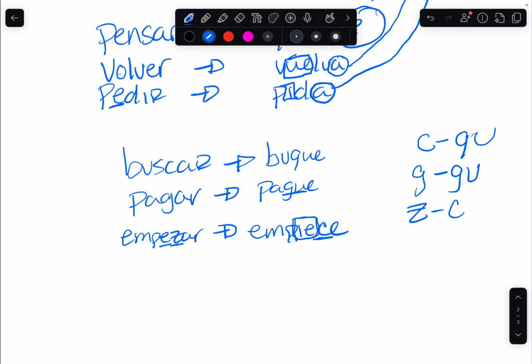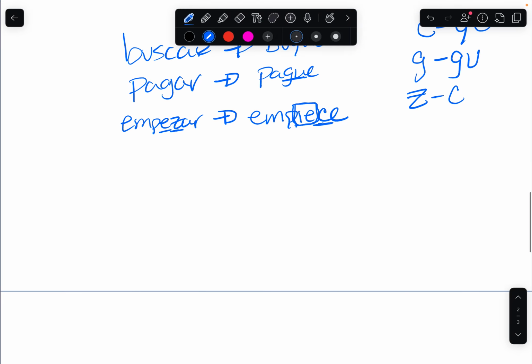If you go on to chapter 7, page 224, you are able to see the stem changing of many different verbs that you could be using. So, for example, you have conocer, decir, hacer, oír, salir, tener, traer, venir, ver.